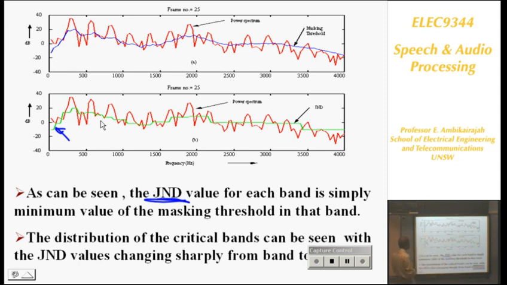So you can see that in this band, you will send no bits at all to the transmitter. In this band, yes, you will send bits to the transmitter. And here in this band, no bits are transmitted. When you come to this band, you probably send no bits at all. For 3, there's no energy because the masking threshold is above that.